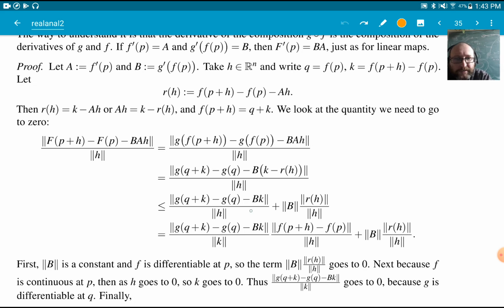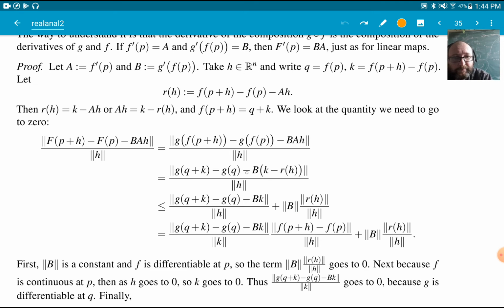So now let's do the triangle inequality. I know this sort of looks like the thing that I know goes to 0. Well, maybe not with this, but if this was just B of K, where K was the little displacement, then this looks like the definition of the derivative of G. So let's try to isolate that, and move this into a separate term using the triangle inequality and the inequality for operator norms.